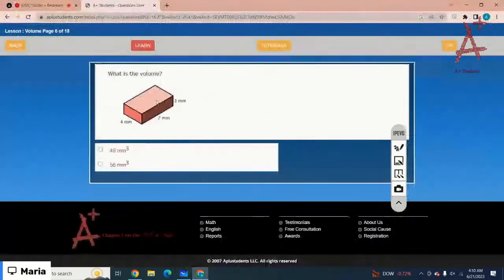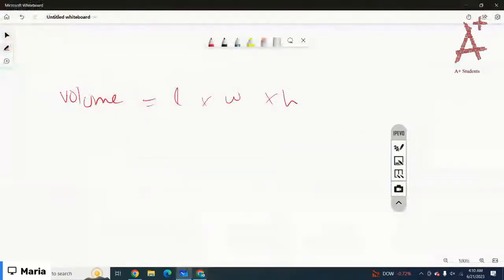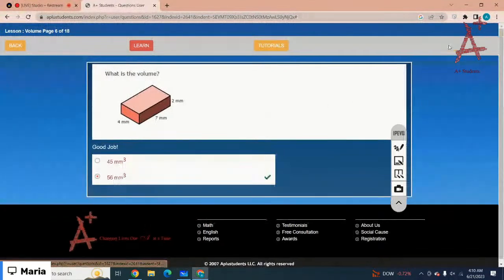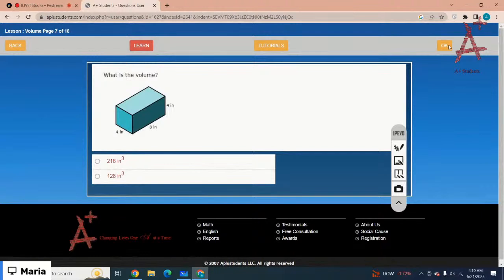And the values are 2, 7, and 4. Got it? Let's just multiply them. 7 times 4 times 2. 7 times 4 is 28 and 28 times 2 is 56. So the volume of the shape is 56. Got it? Okay, what is the volume?